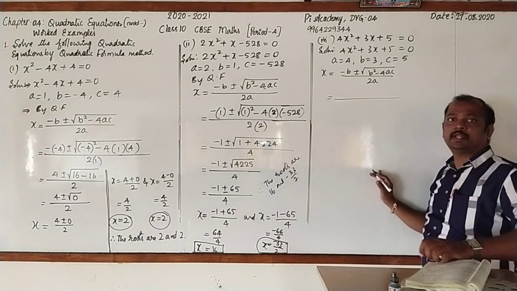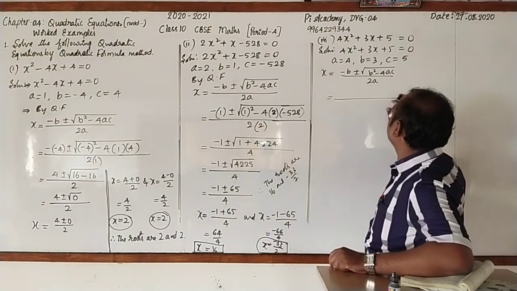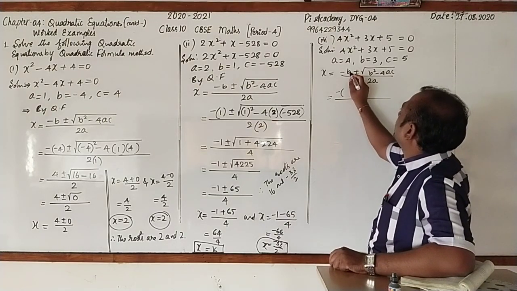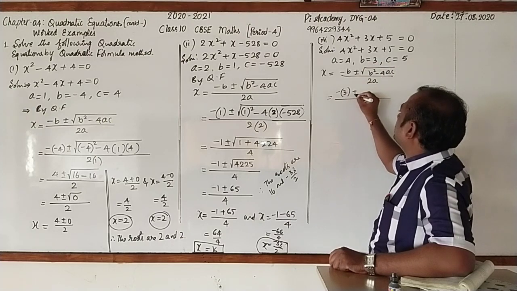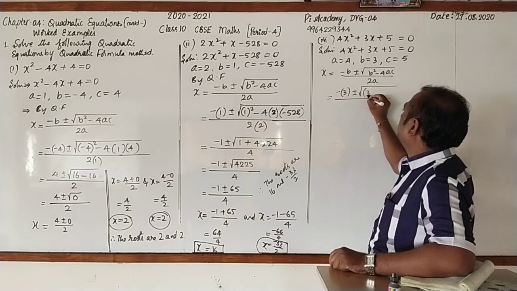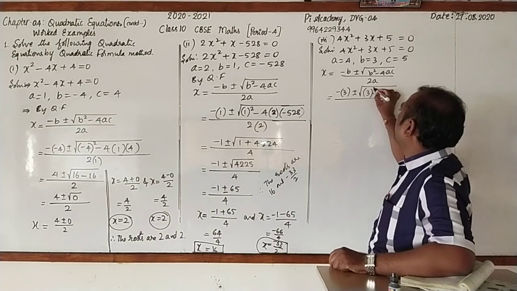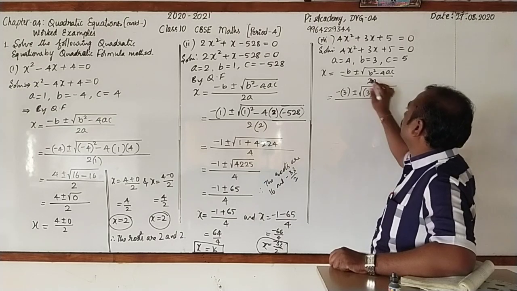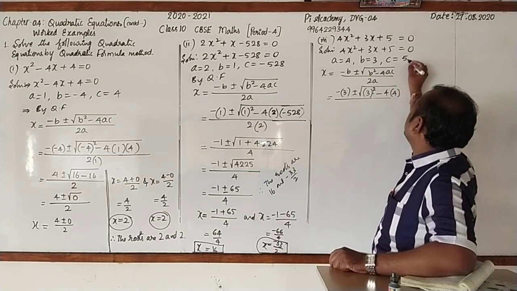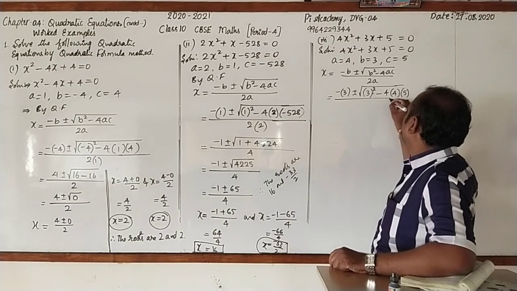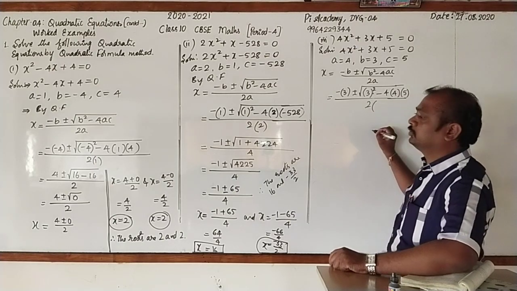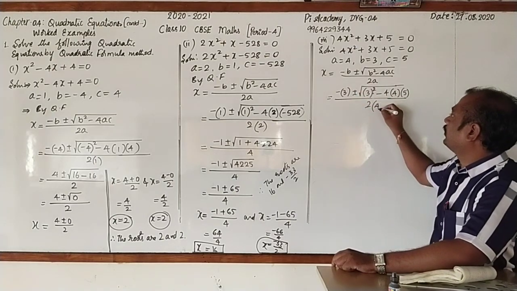Next, what should be done? It should be substituted. Then minus b, where b is 3, plus or minus square root of b is 3 whole square minus 4 into a is 4 and c is 5, whole divided by 2 into a is 4.